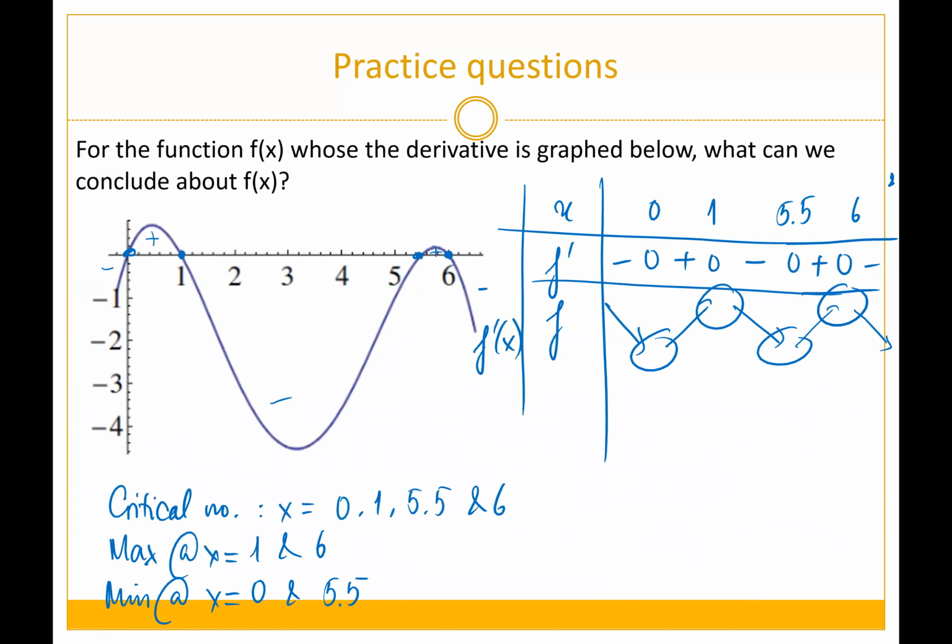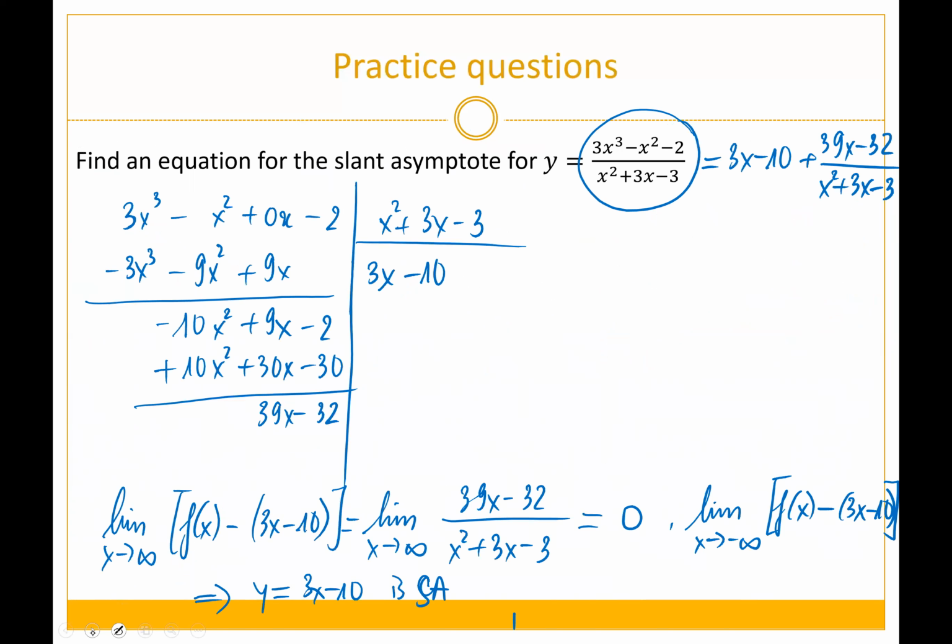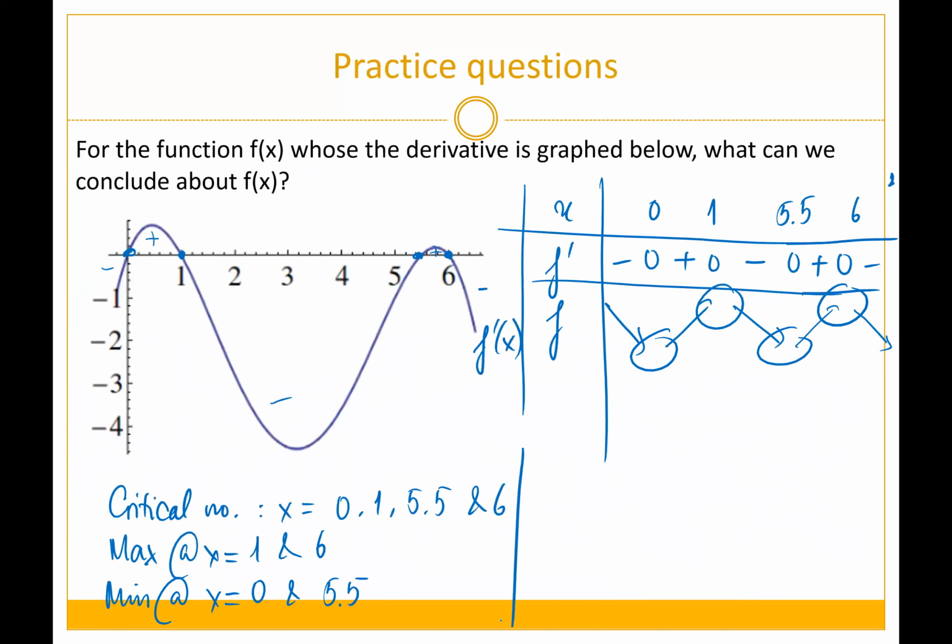Of course, based on this, you can also say something about the signs of the second derivative of f. Looking here, the function f prime is increasing on this part and decreasing on that part, increasing and decreasing. So you can conclude about concavity as well. Concave upward is when f prime is increasing.